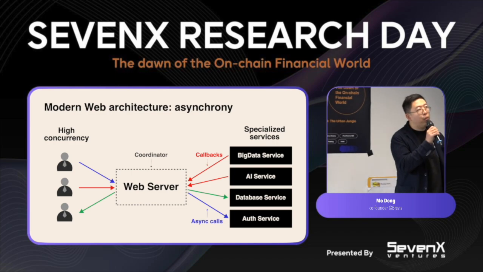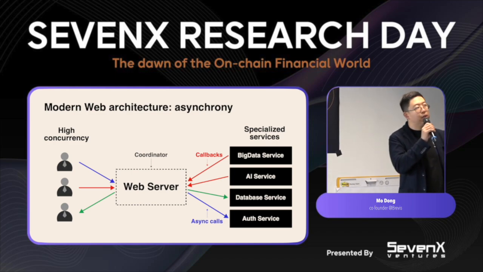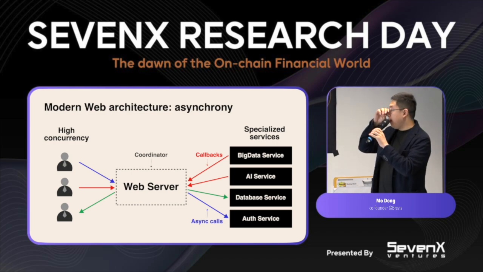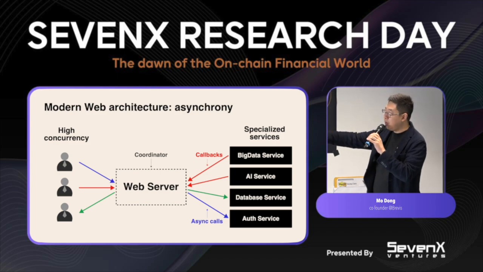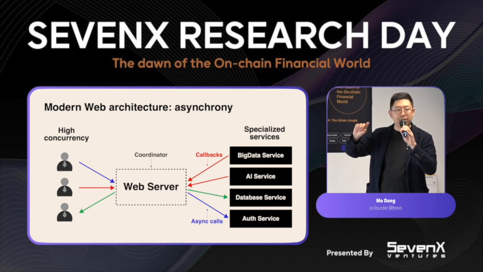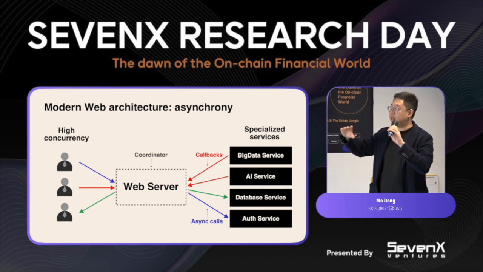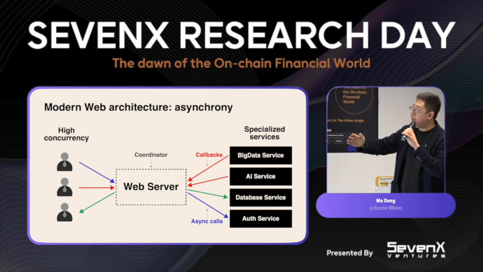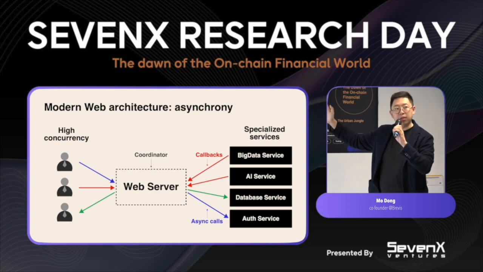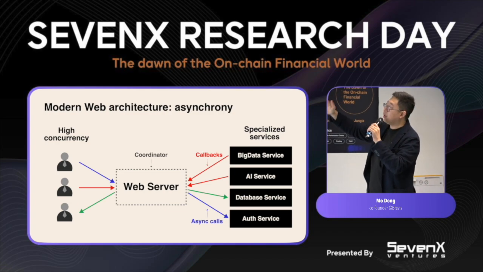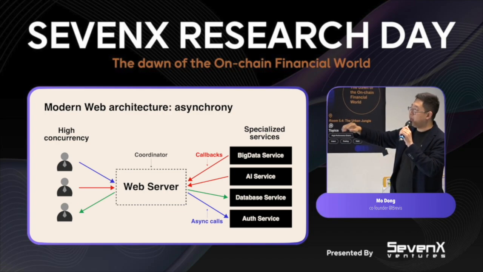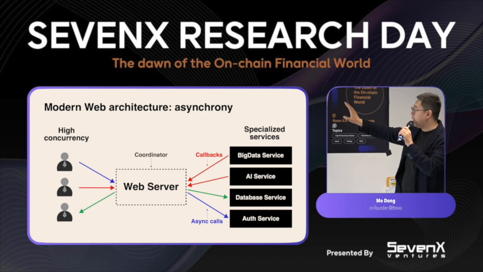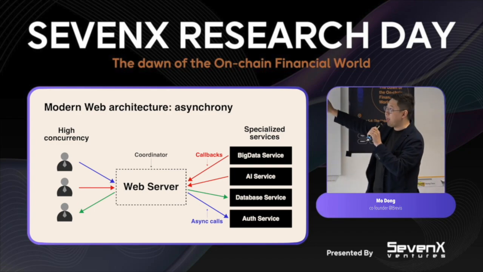So this is how we evolved in the last 20 years into a new architecture, where you still have a web server, but the web server itself becomes a very, very thin piece of software that just acts as a coordinator between the user and specialized backend services. Users can send high-concurrency requests to the web server, and the web server just turns around and relays the request to different specialized services.